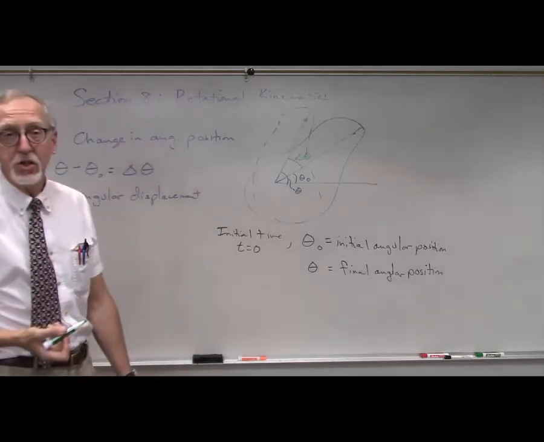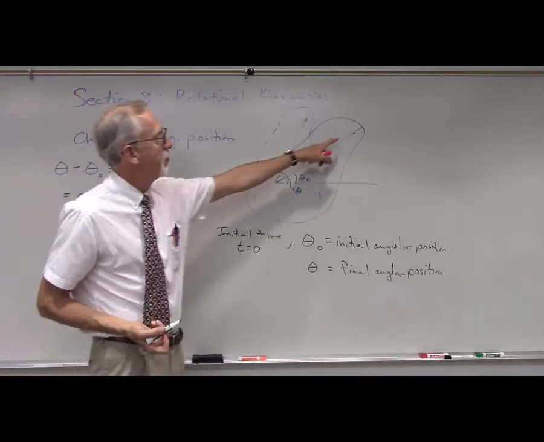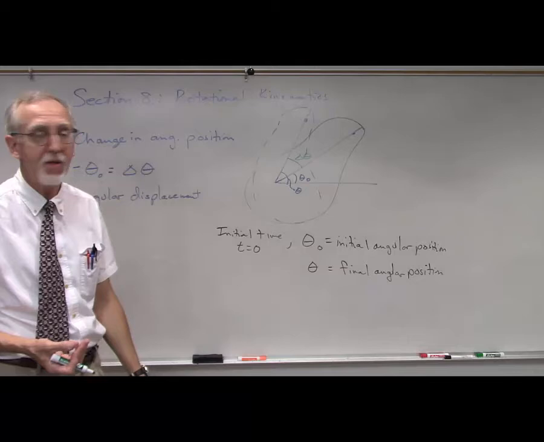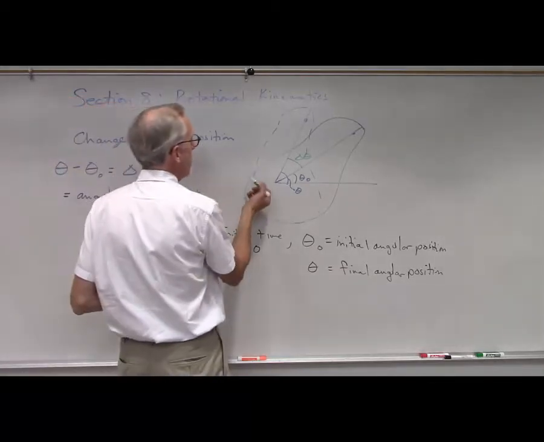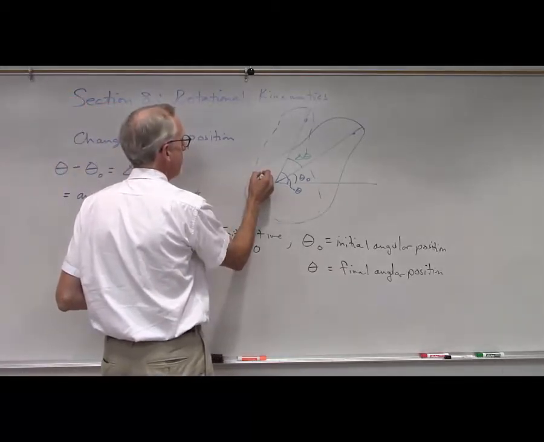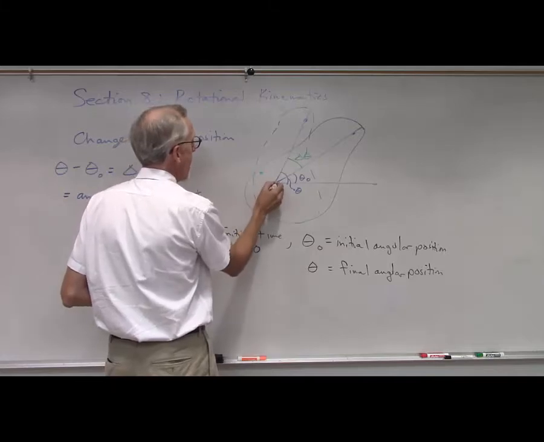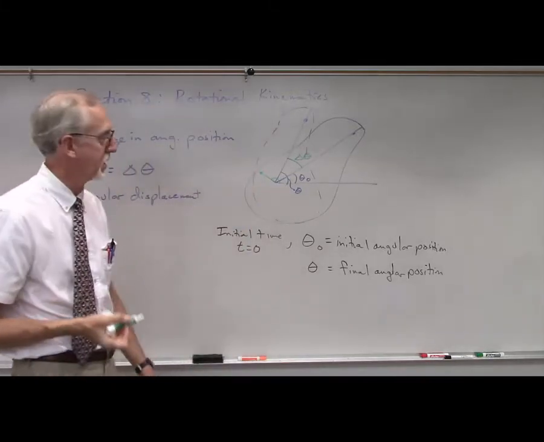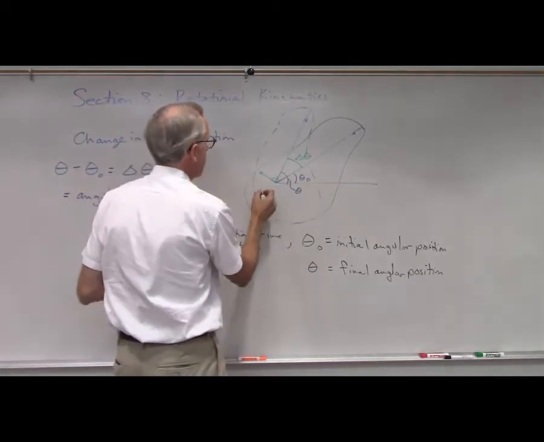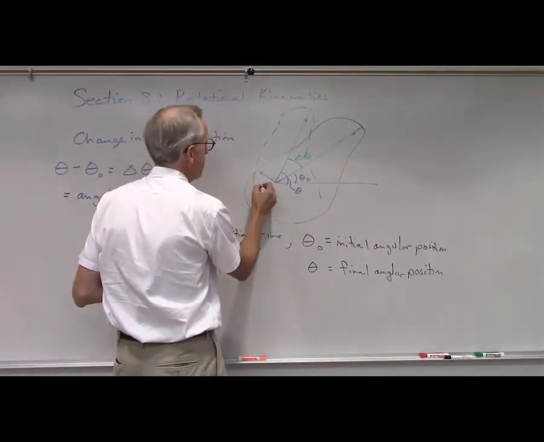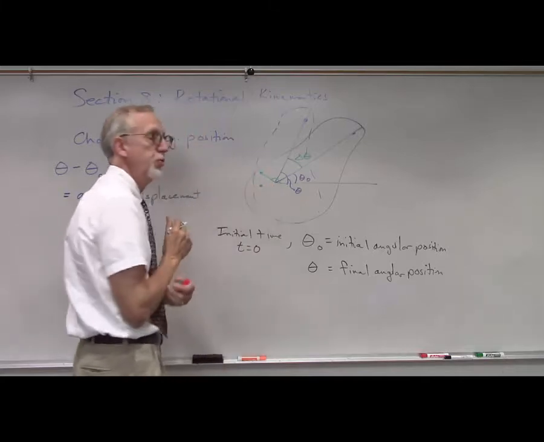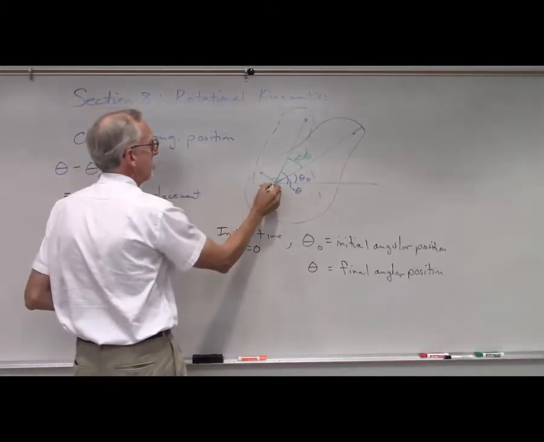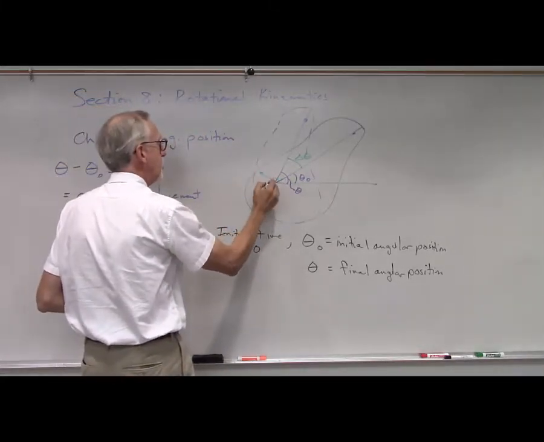Now, it's interesting to notice what would happen if we had chosen a different reference point. Maybe initially we had used a reference point over here. Then our initial angle theta naught would be that angle. And then when it rotated around, our new position would be, let's say, here. There's our new reference point, and theta would be here.